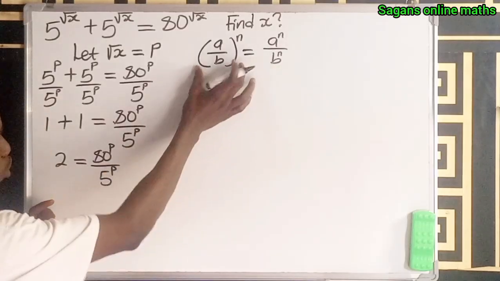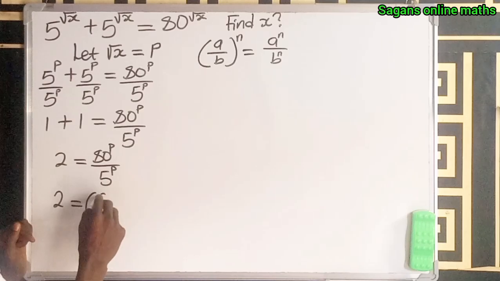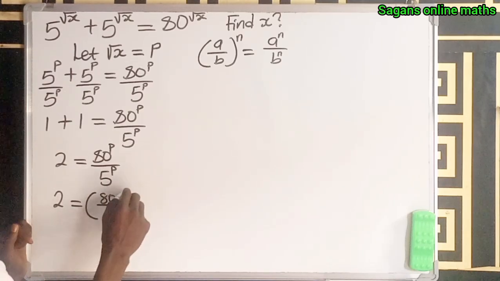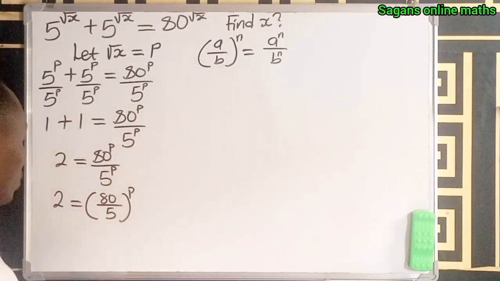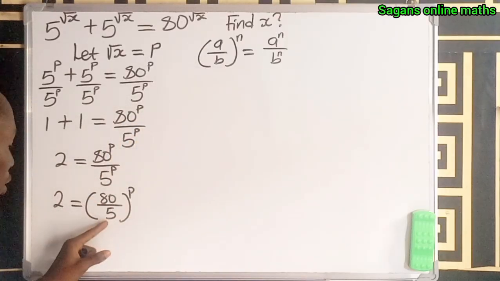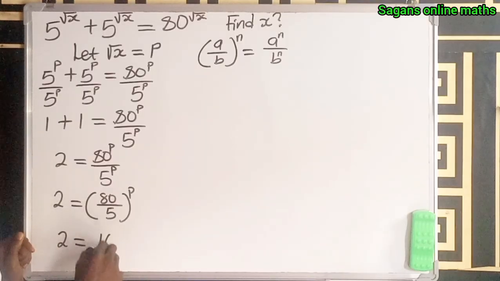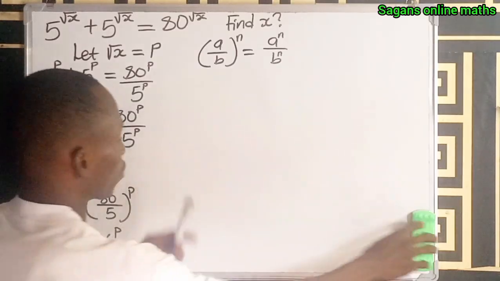We can take it back to this form to become 2 equals (80 divided by 5) all to the power of p. We are obeying the properties of indices. Now 80 divided by 5 will give us 16. So you have 2 equals 16 to the power of p. Wow, this is heterogeneous. I love this.